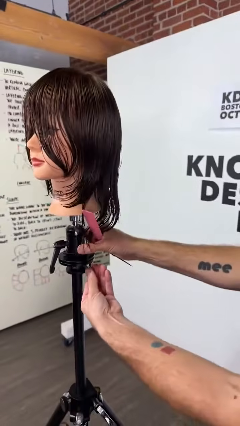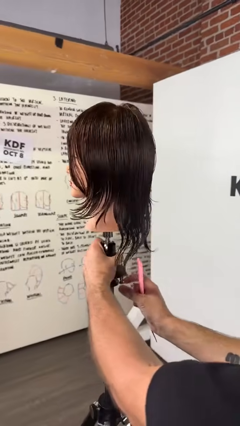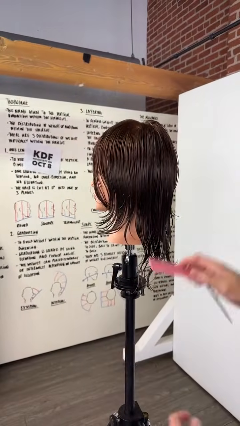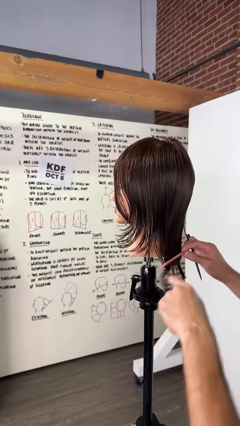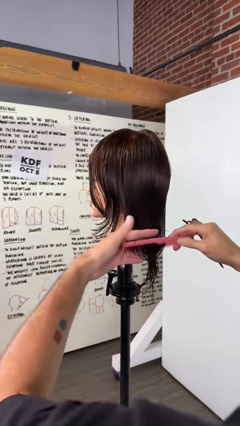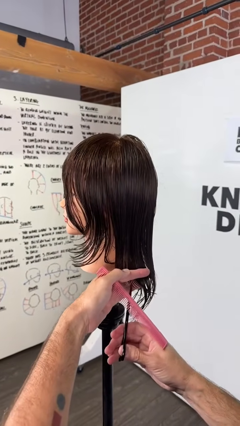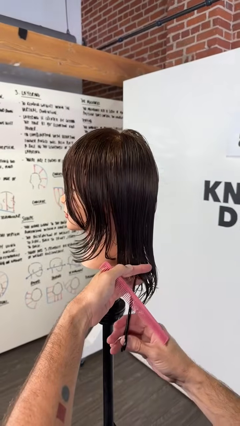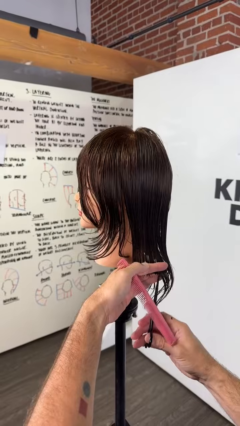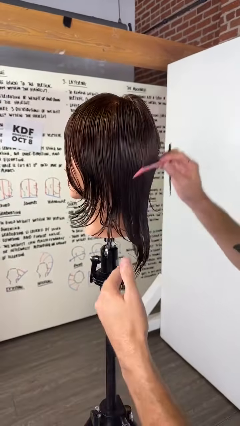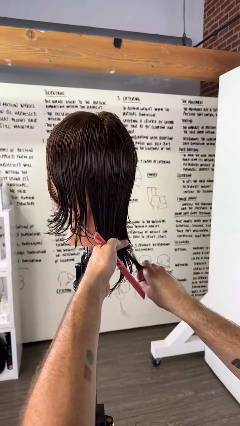As I point through, so I can see where my length is supposed to go to. Using the points of the scissors because I just want kind of a softer edge.